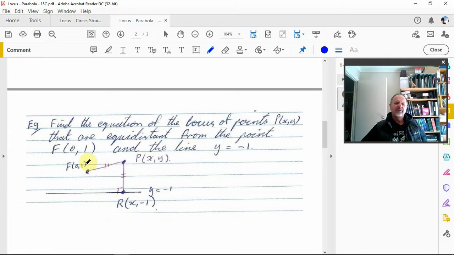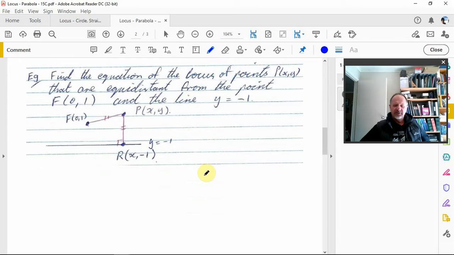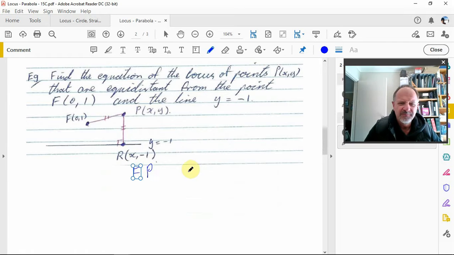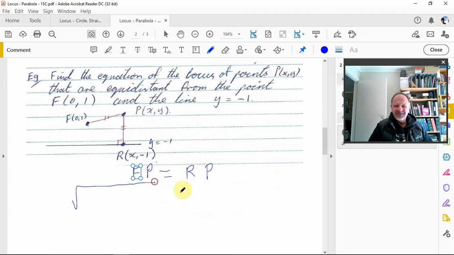And we've got our focus (0, 1), and our point P (x, y), and we know that this distance and this distance are the same. So when we are finding the equation of that locus, we work off that FP is equal to RP. Then we use our distance equation.